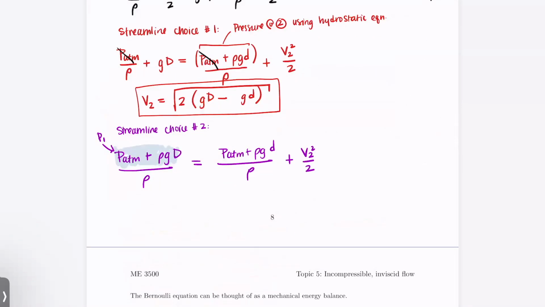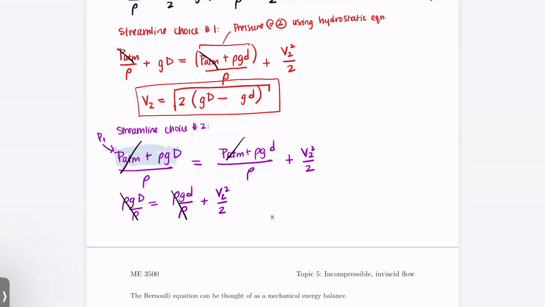Okay, so I'm just going to solve this for V2 again. I'm going to cancel out my P atmospheres because they show up on both sides. All right, and I have rho G capital D over rho is equal to rho G lowercase d over rho plus V2 squared over 2. So these densities cancel.